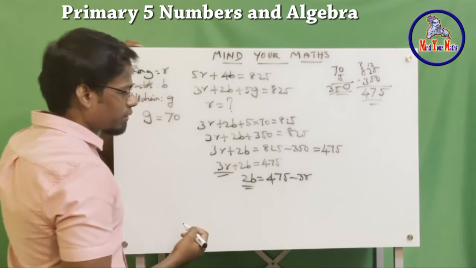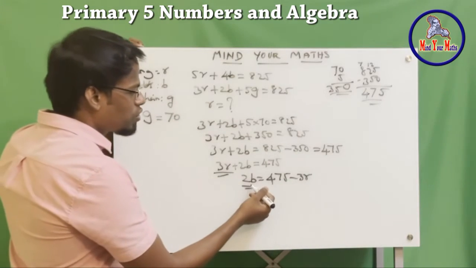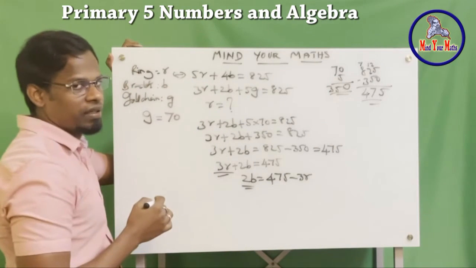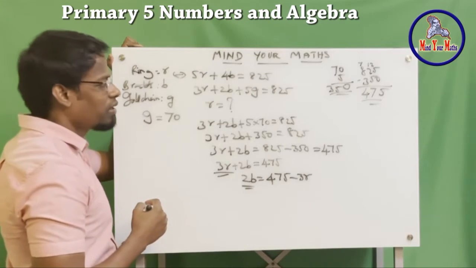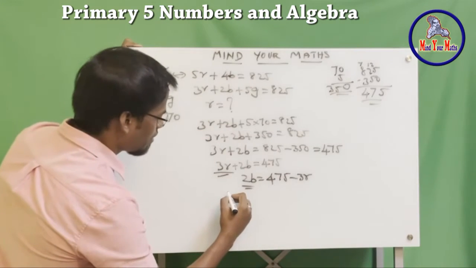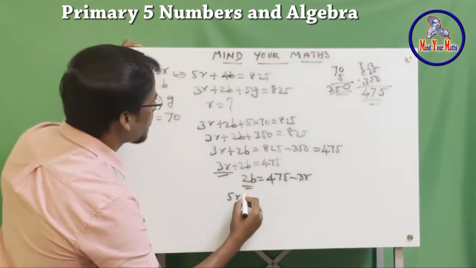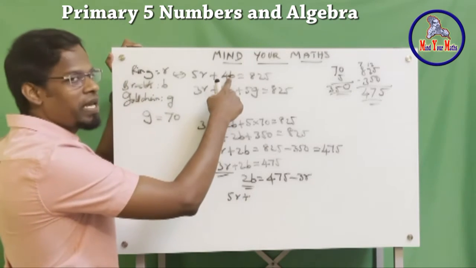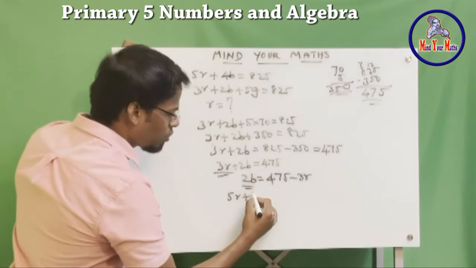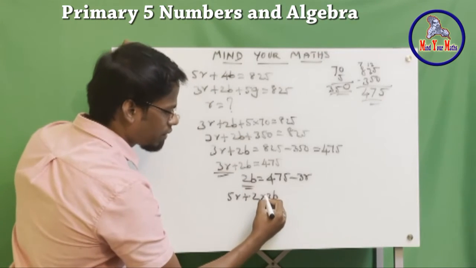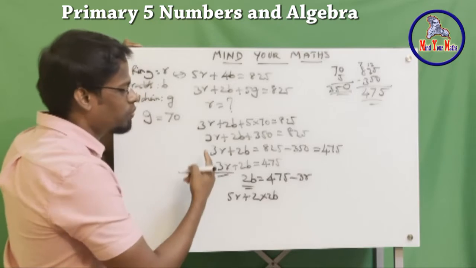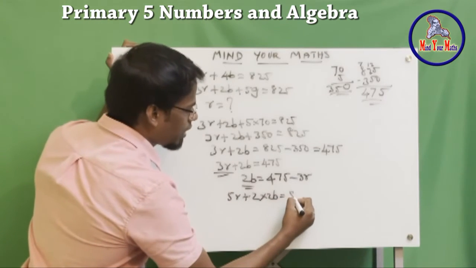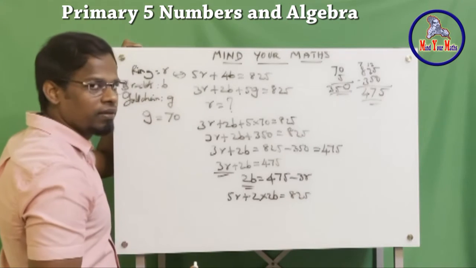Now let's do one thing, right? The 2B value we substitute in the first equation. So it becomes 5R plus, 2B, how can we write? 2 times 2B, which is 4B, equals 825.